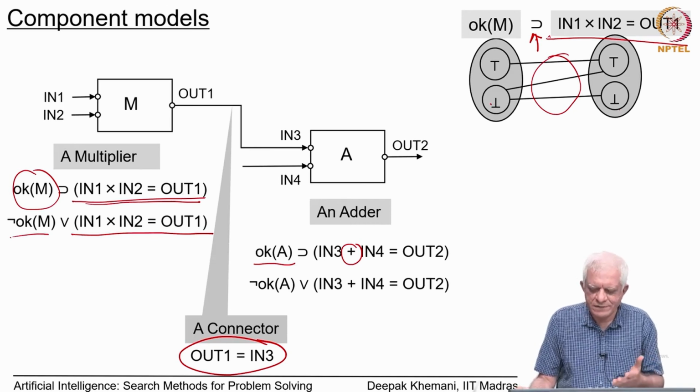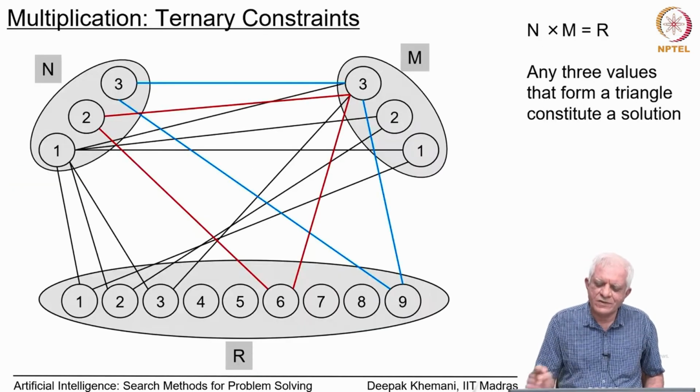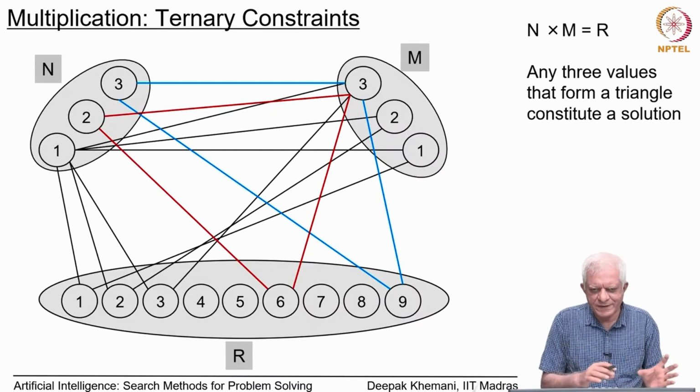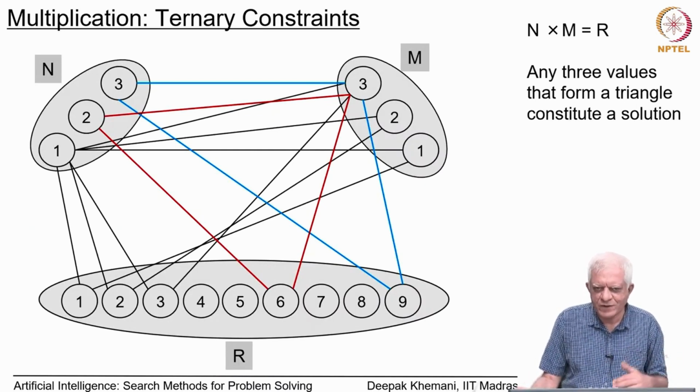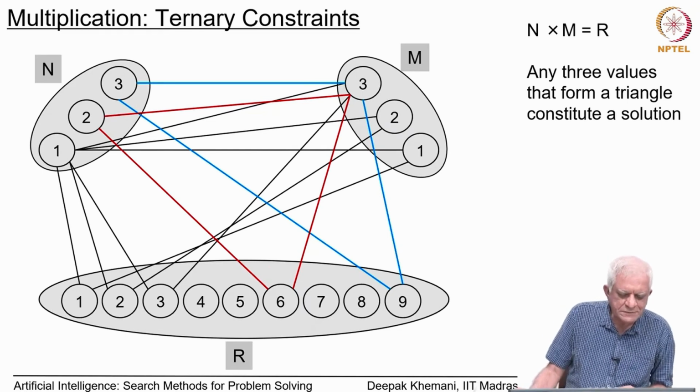So, they are expressed in, let us say, first order logic, but they themselves can be expressed as constraints. So, let us look at multiplication as an illustration of the fact that we can talk about that as constraints. It is not a surprise, because logic, mathematics, constraints, they are all different sides of the same coin, if a coin can have more than one side.